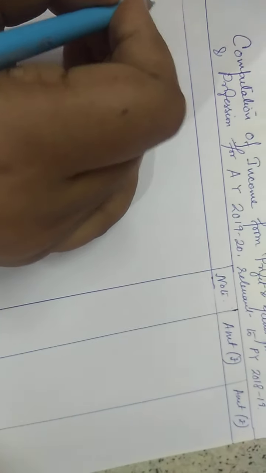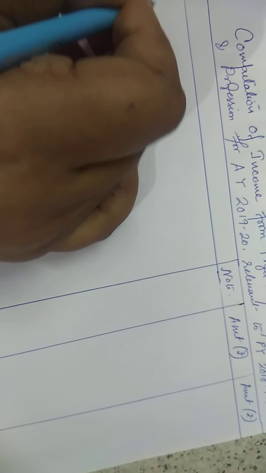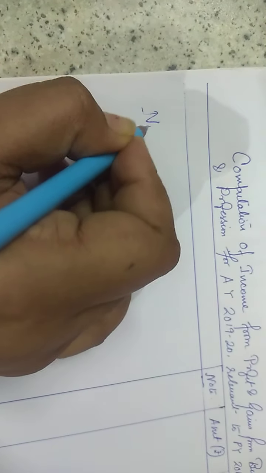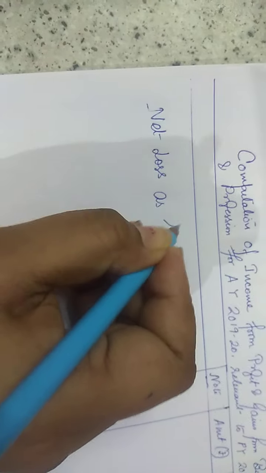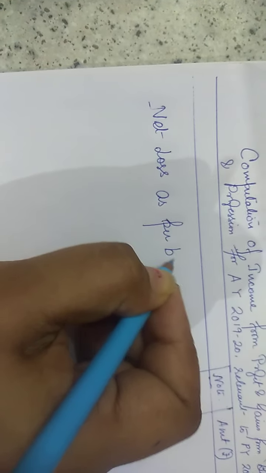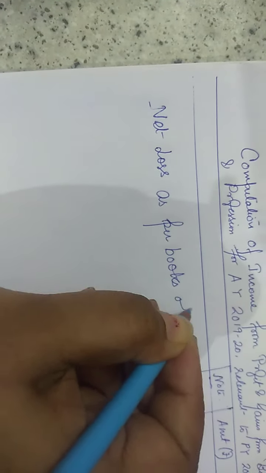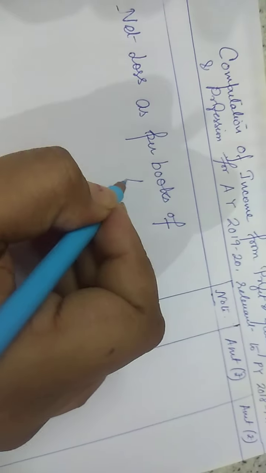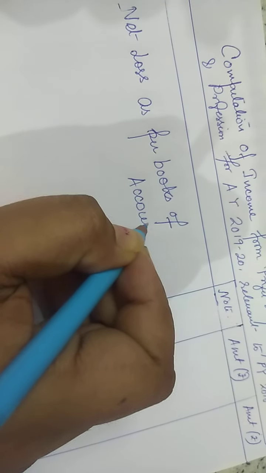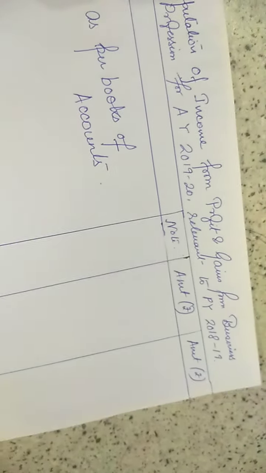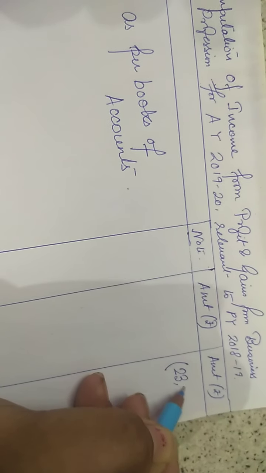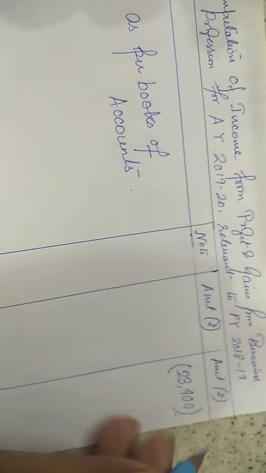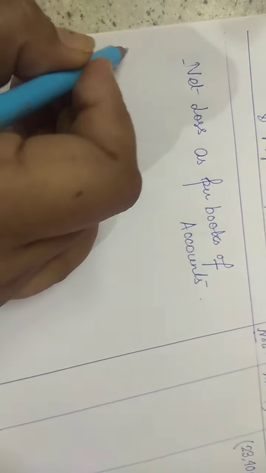So we'll start with net loss as per books of account. How much is the net loss as per books of account? Net loss as per books of account is 23,400.